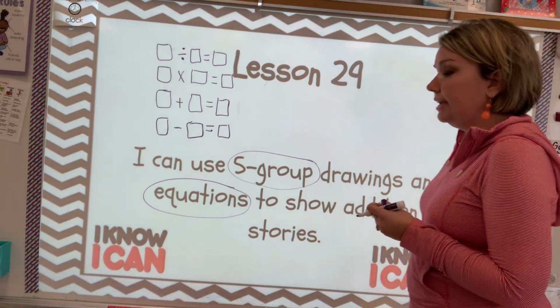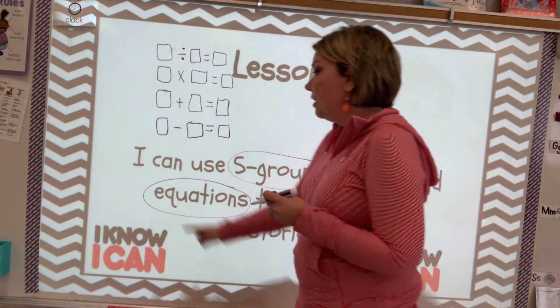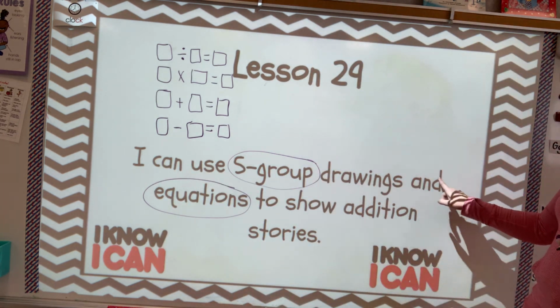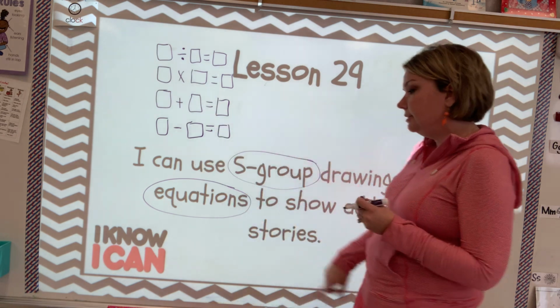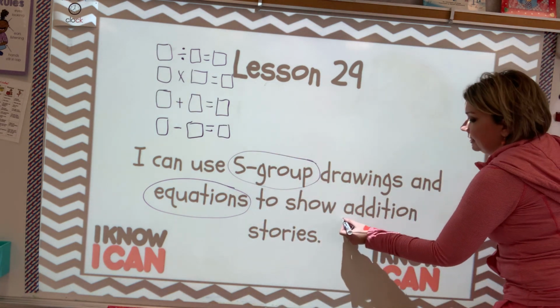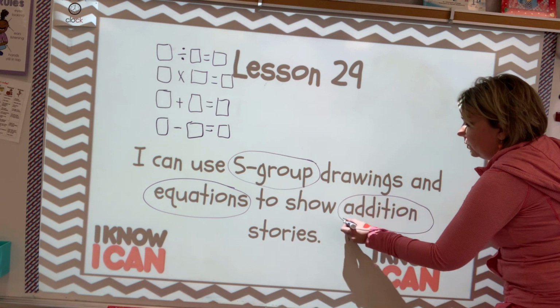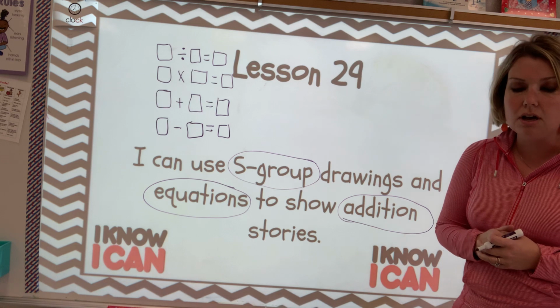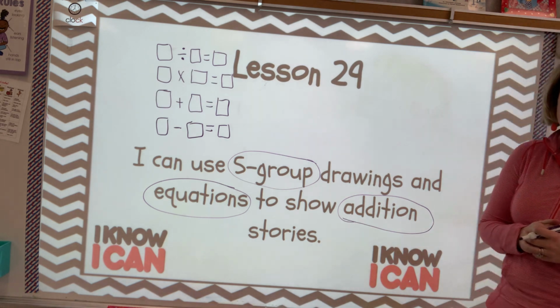So our I can statement says, I can use 5 group drawings and equations to show addition. What does that mean? What does addition mean?